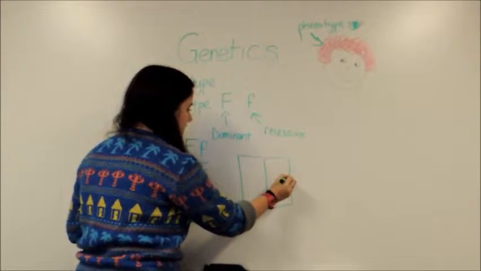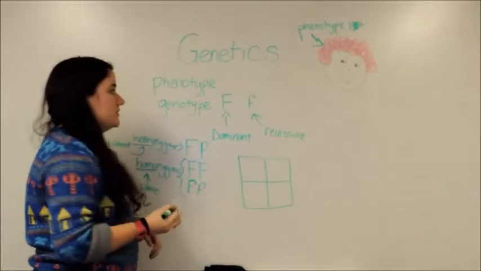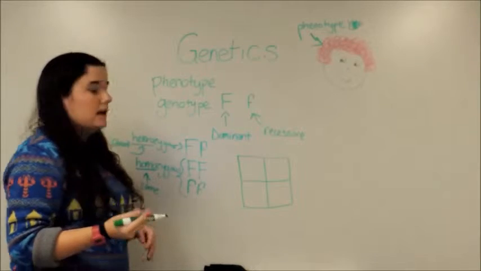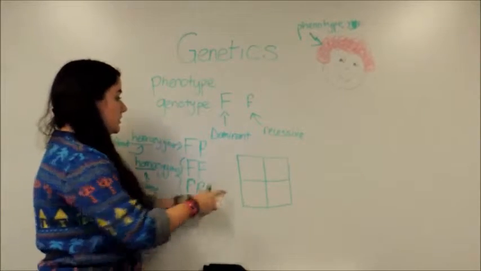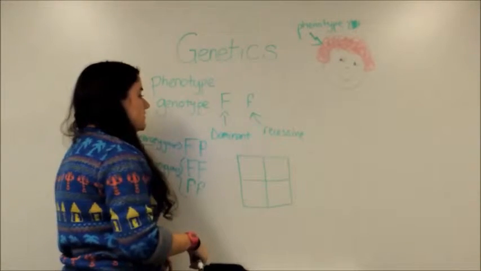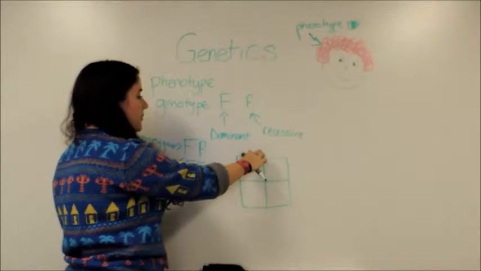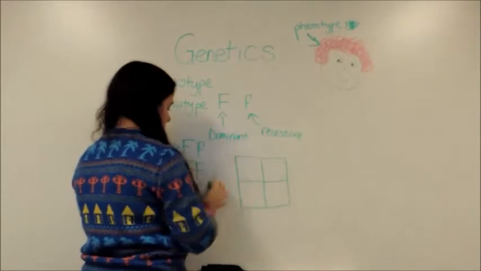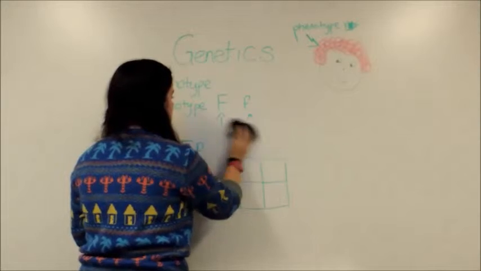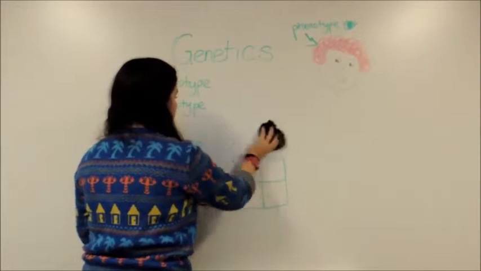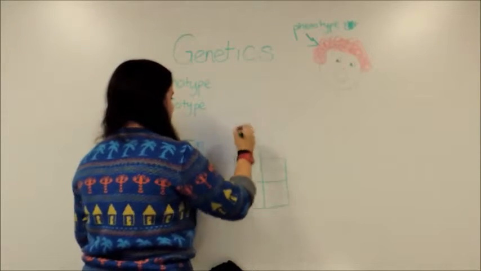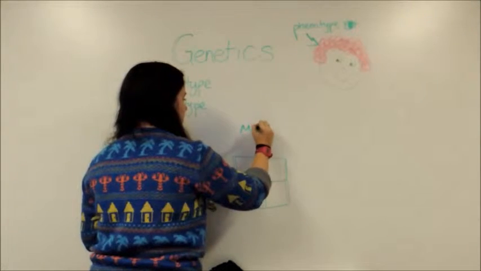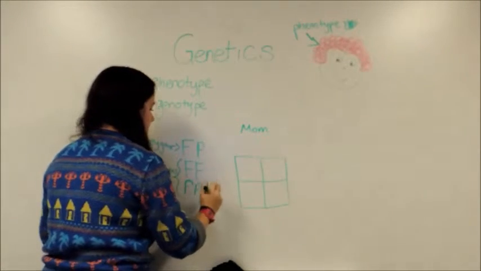It's going to have four sections to it. And so you take what the mom gives you, and you take what the dad gives you, and you put them on either sides. So we're going to put the mom up here and the dad down here. And the dad's going to go here.